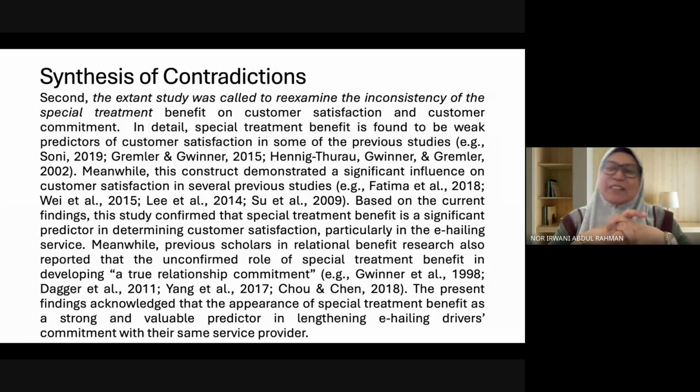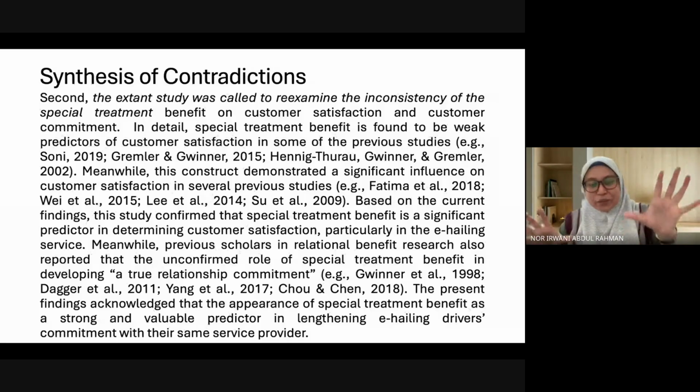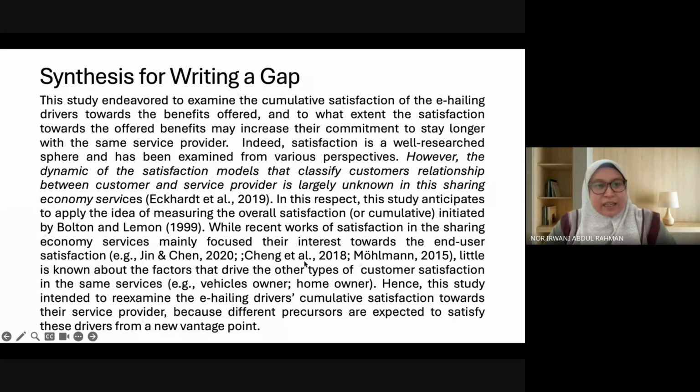Okay. So we would like to acknowledge appearance, kemunculan. Synthesize. Contradiction. So writing a gap, another gap.